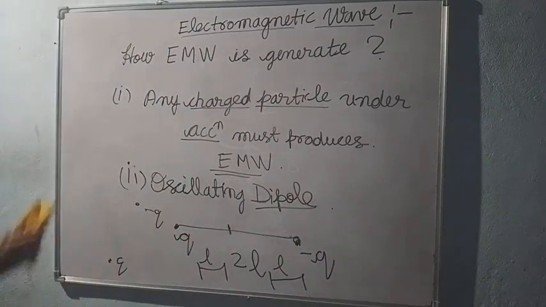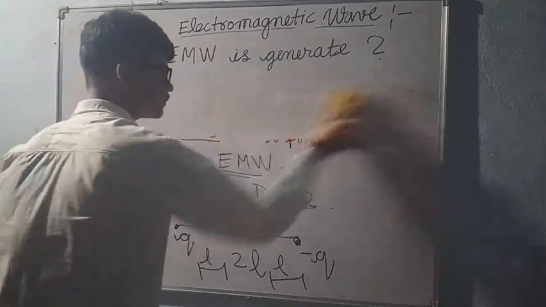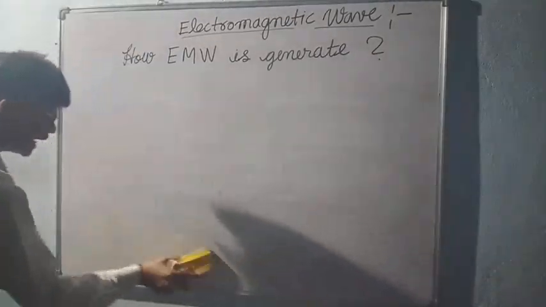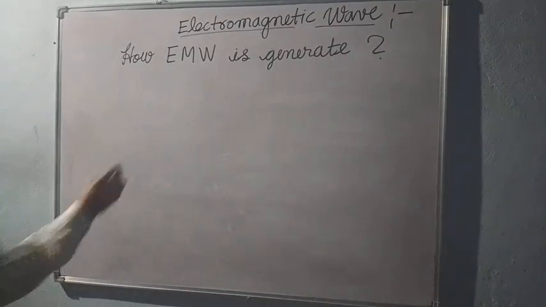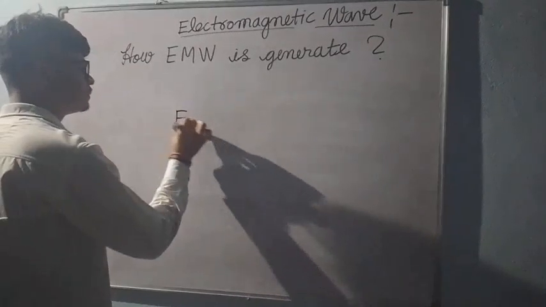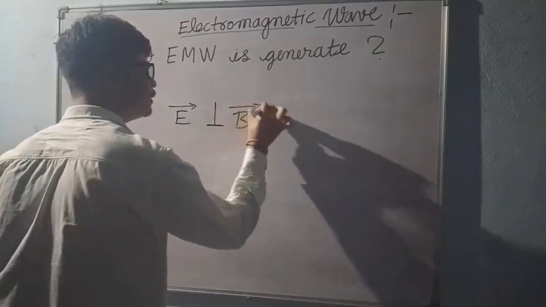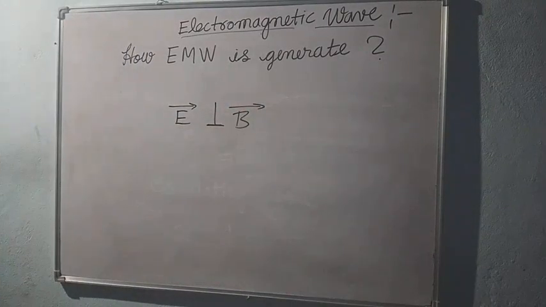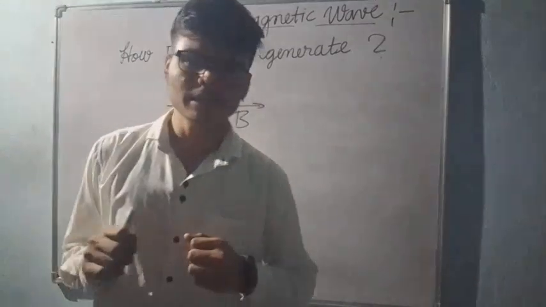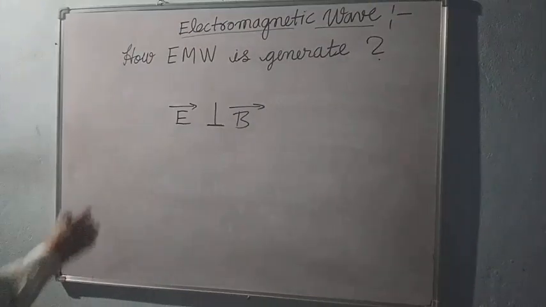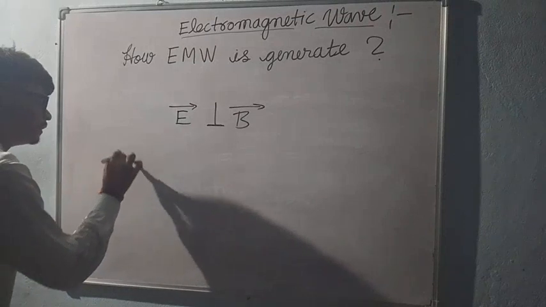What is the nature of these electromagnetic waves? These two fields are perpendicular to each other. The electric field is always perpendicular to the magnetic field. Here the idea of displacement current comes.